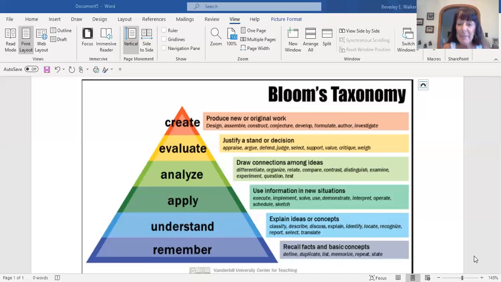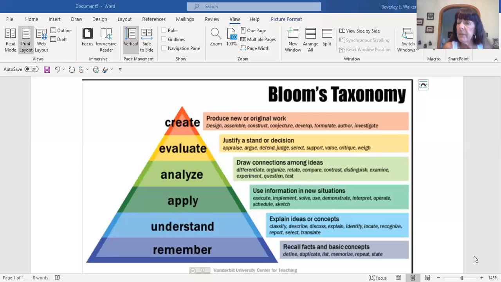And so classify, describe, discuss, explain, identify, all of those, it's a higher level. In some classes that I teach, a lot of times when you ask students to explain, what they do is list. And they get points taken off simply because I want more from them. I want them to understand a little bit more than that.